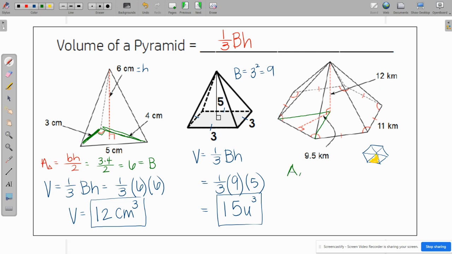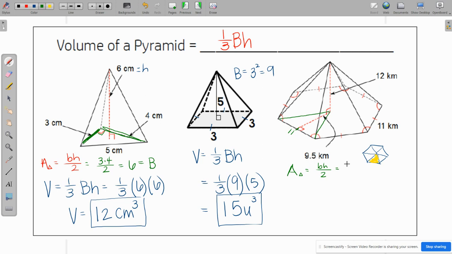So the area of the triangle, remember, is base times height divided by 2. In this case, all of the sides of the hexagon are 11. So this is 11 centimeters long, and then it tells us that the height of that triangle is 9.5, or not centimeters, kilometers.